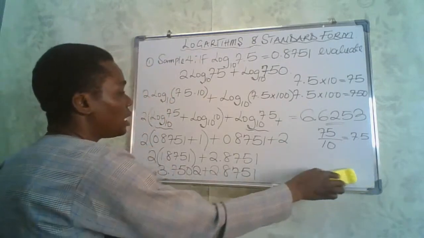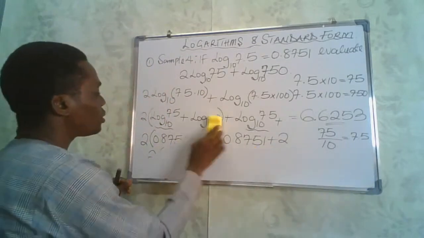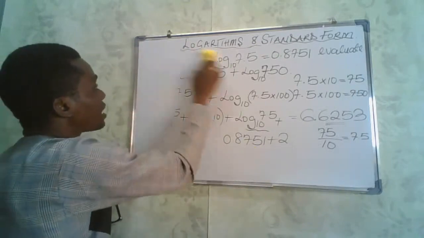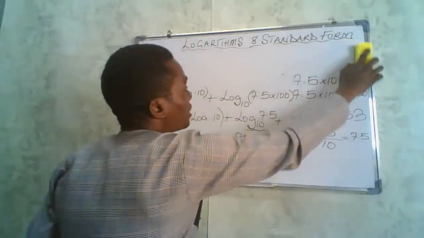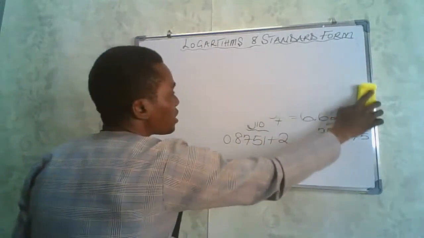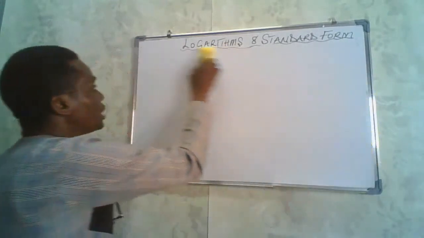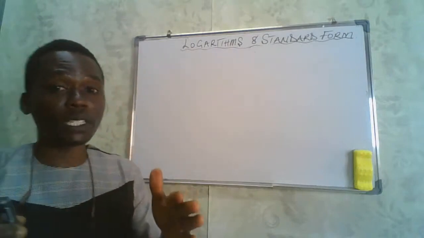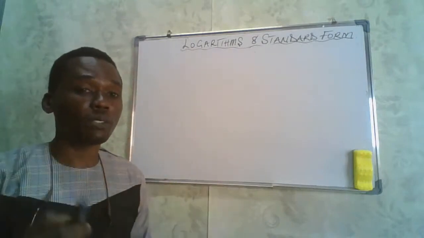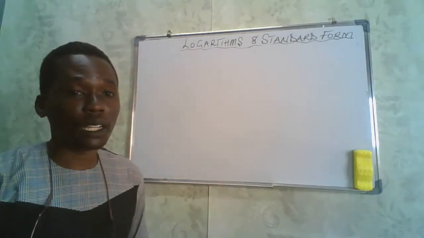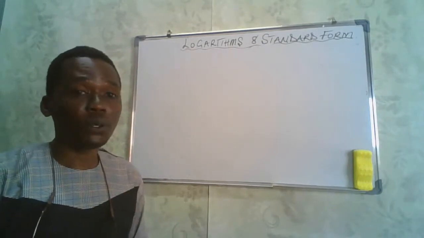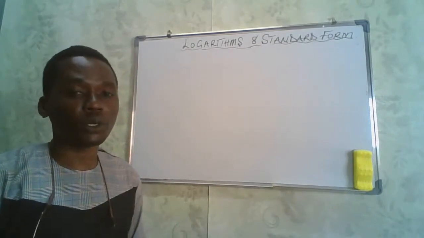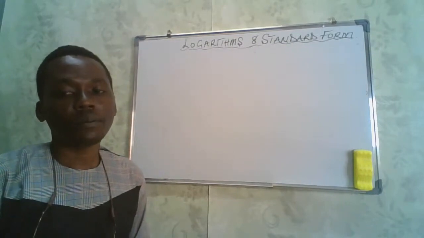Because I promise you guys, we're going to touch logarithm and standard form together, and then we are going to just look at some few questions under logarithms and standard form. If you miss this class, there's no problem. You will always find the replay of this class in videos down in the live section of my channel.